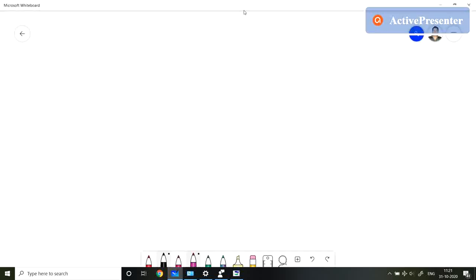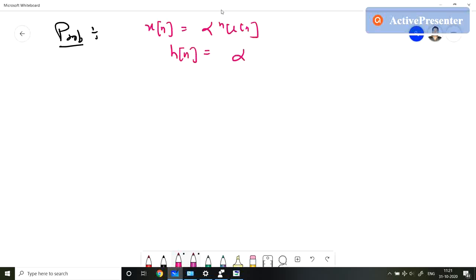Now let us discuss another problem. Again we have the input given. The input is x(n) equals alpha raised to the power n u(n), and the impulse response is also given: h(n) equals alpha raised to the power minus n u(minus n). The value of alpha is between 0 and 1.